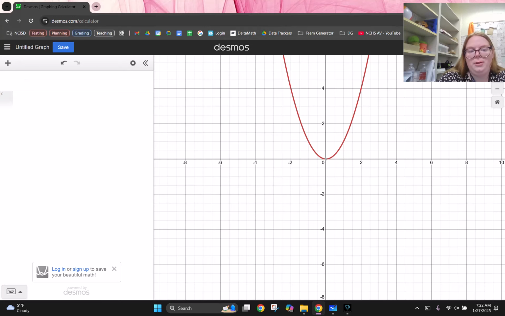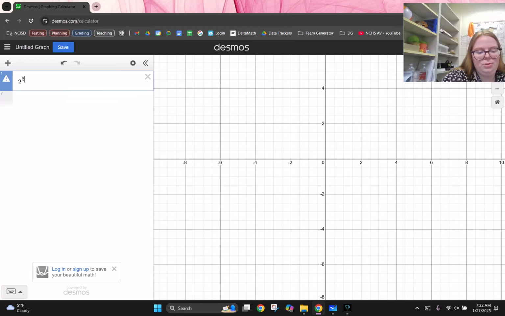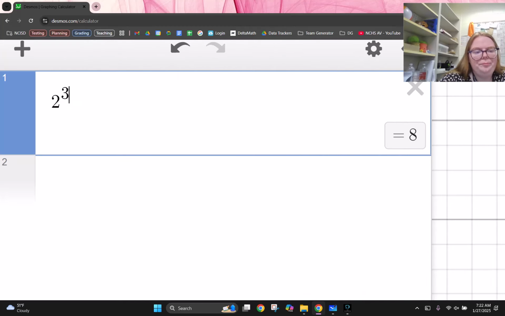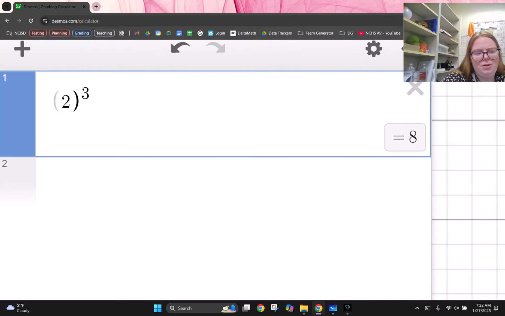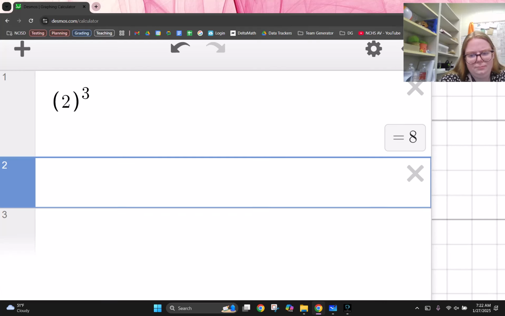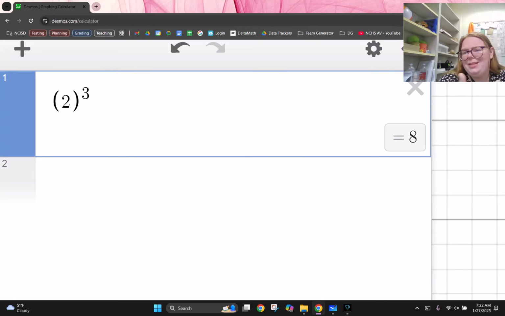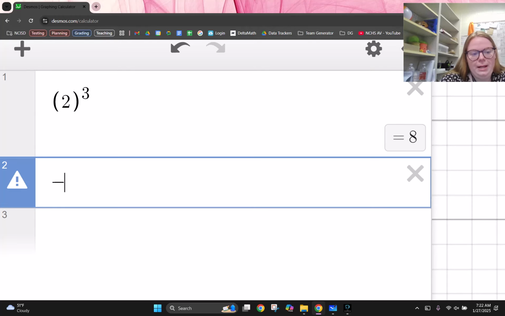And again, if you don't know it off the top of your head, that's what you have your calculator for. You can do 2 cubed. Those parentheses are necessary for you. Sometimes it doesn't make a difference for the answer. In this case, it didn't.